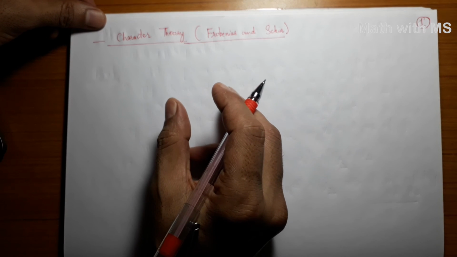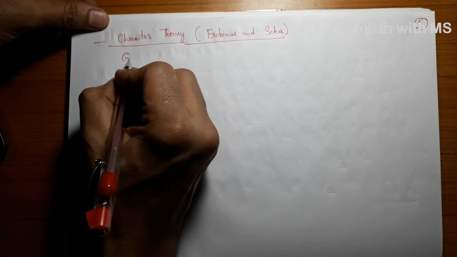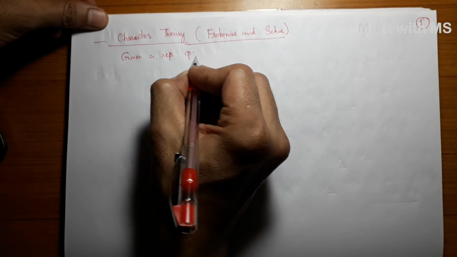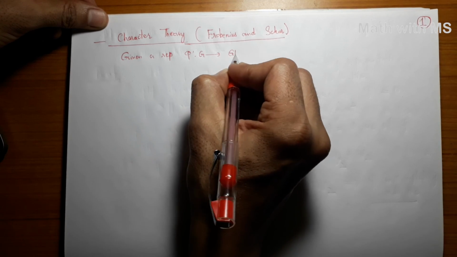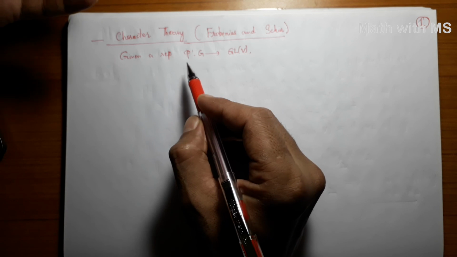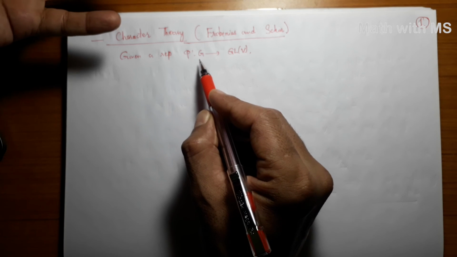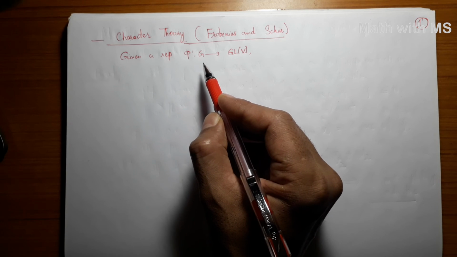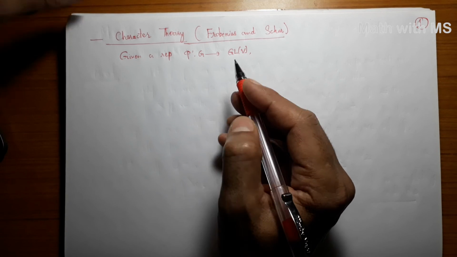So what is the idea here? The idea here is that given a representation phi of your group G into some GL(V), we want to encode the information that is carried by this representation into complex valued maps from the group into C called characters.